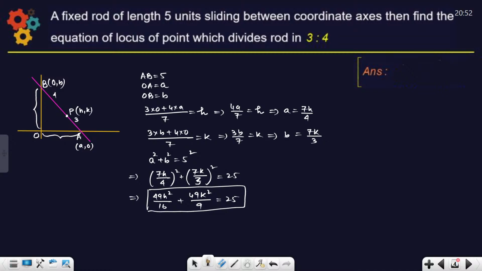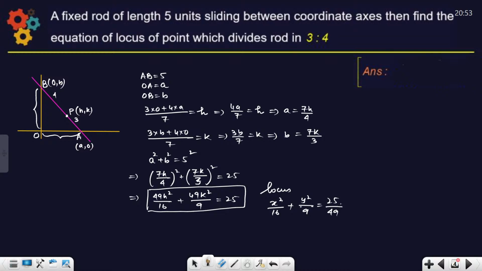This is the equation of the locus because this is a relation which contains h, k and constants. So what is the equation of the locus? It's x square over 16 plus y square over 9 is 25 over 49.